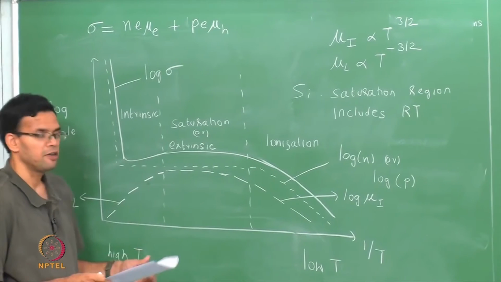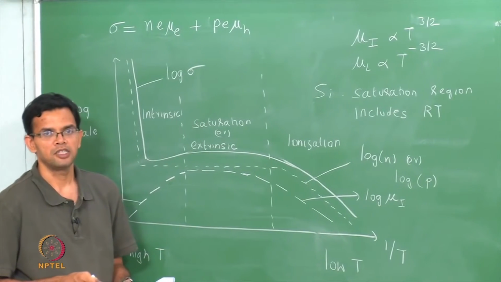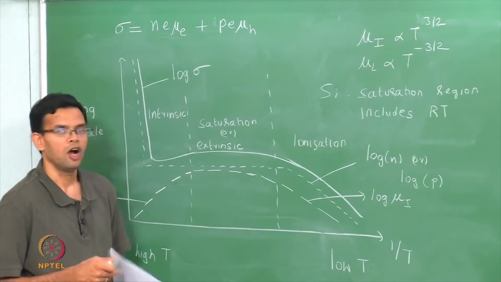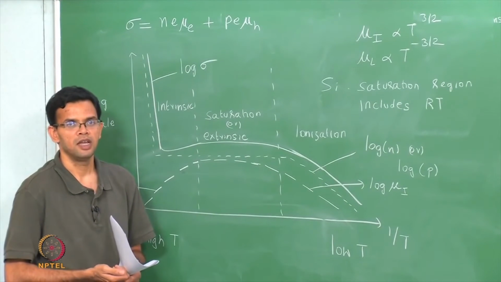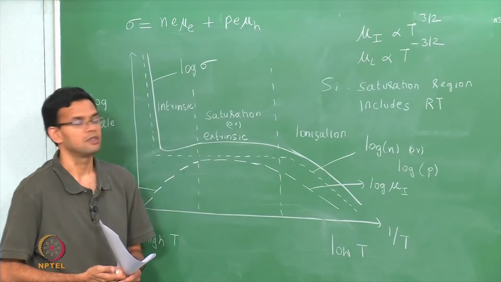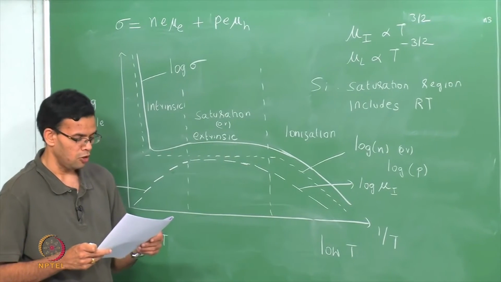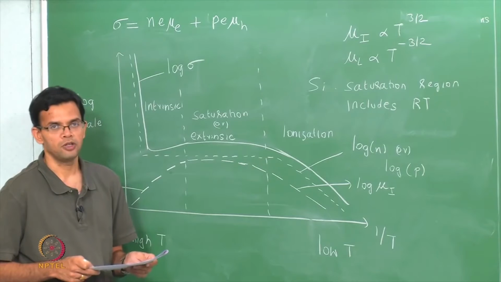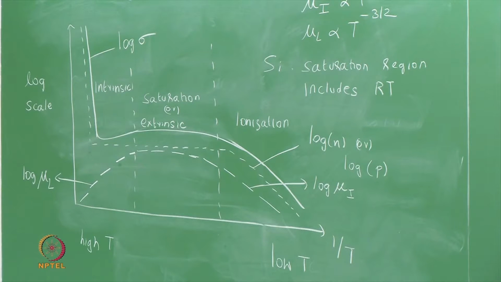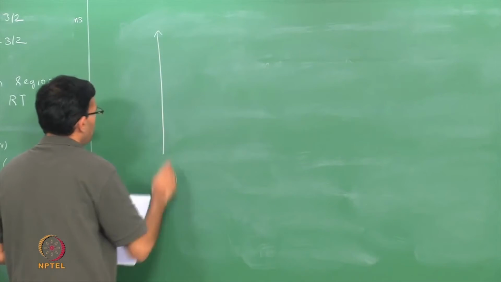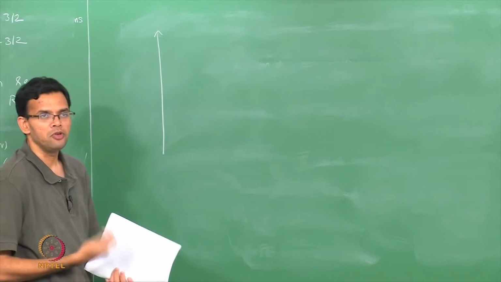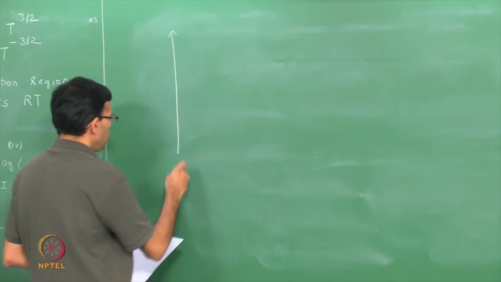So, this is the carrier concentration as a function of temperature. How does the carrier concentration in the case of extrinsic semiconductors change with dopant concentration? So, let me just plot log of mu versus dopant concentration. I want to plot how mu E or mu H changes with concentration of the dopants.